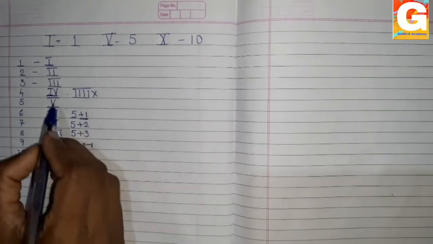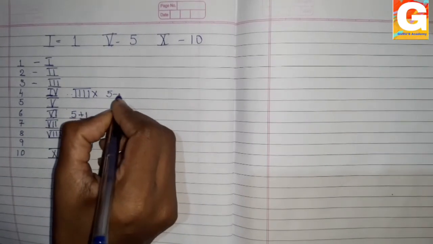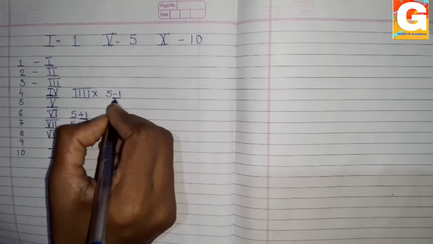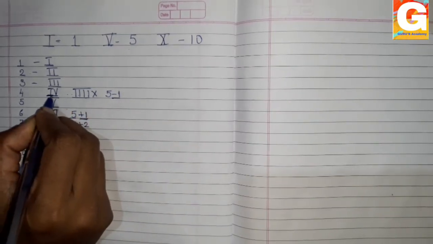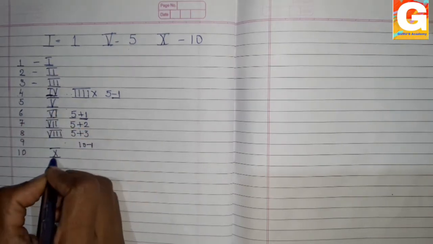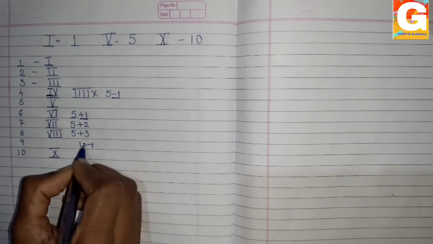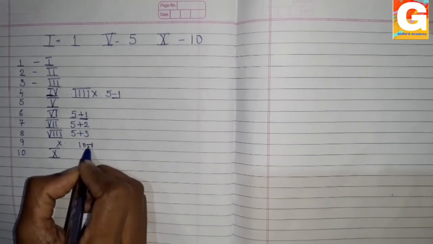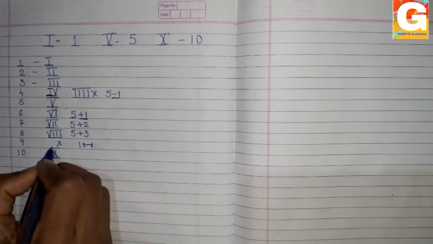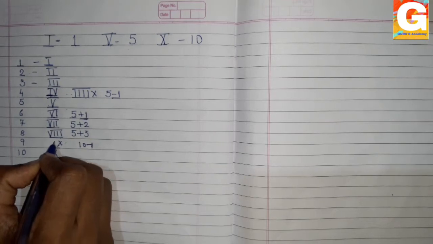Now see, we have seen over here that 4 means 5 minus 1. This minus 1, that means 1 we have written to the left hand side of the 5. That has made your 4. Similarly, we are going to come for 9. What does 9 mean? 9 means 10 minus 1. I have told you, minus 1 we are supposed to write to the left hand side. So this is 1. How are we writing 1? This is your Roman number 1.